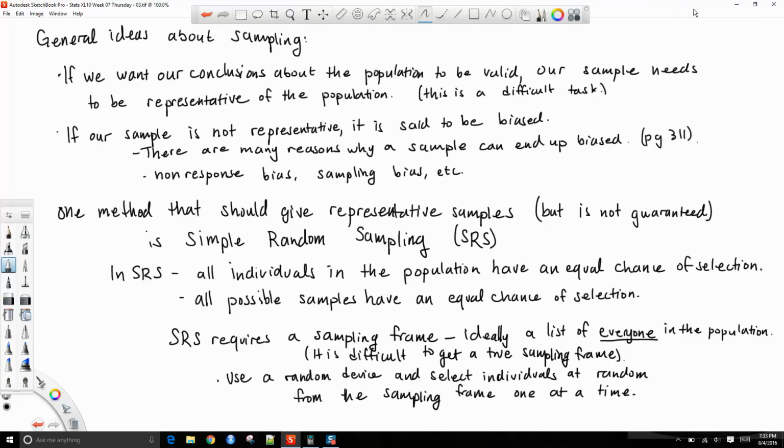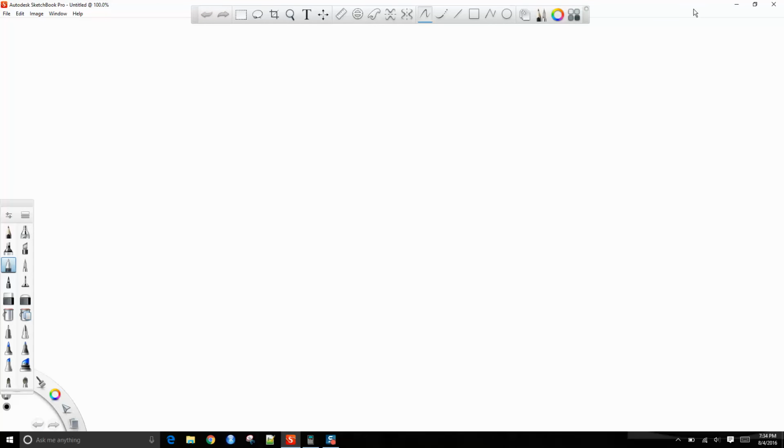Okay, so let's talk about what a sampling distribution is. Let's say we've selected a sample at random. We've got a simple random sample. We can now talk about a sampling distribution.